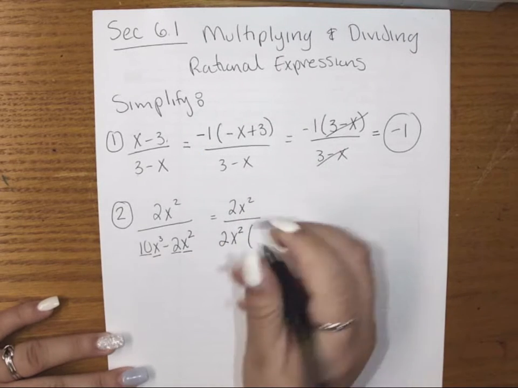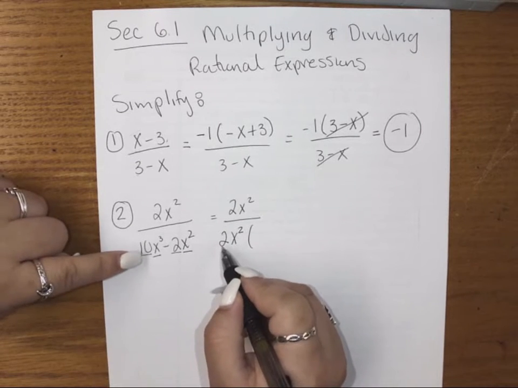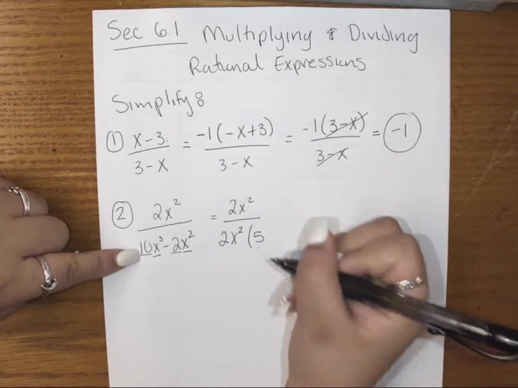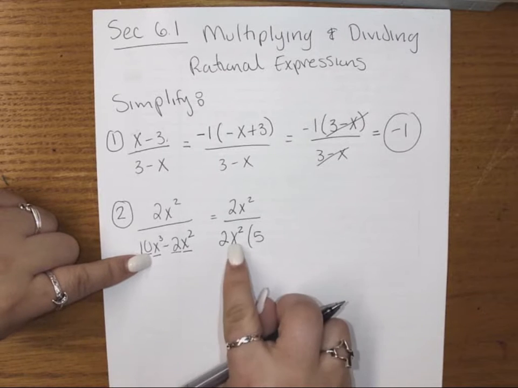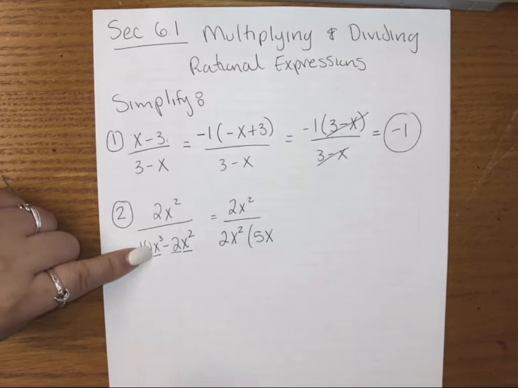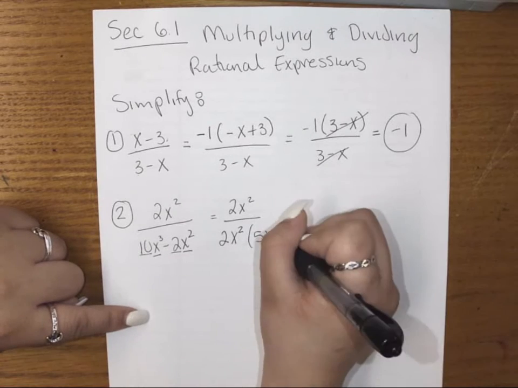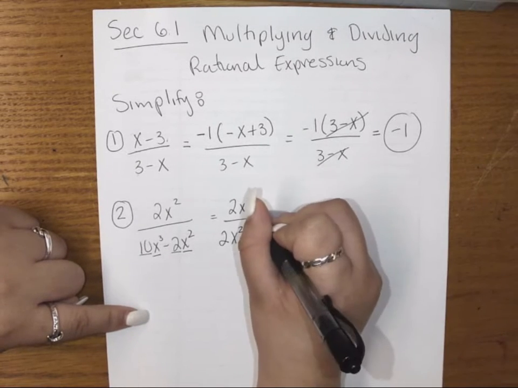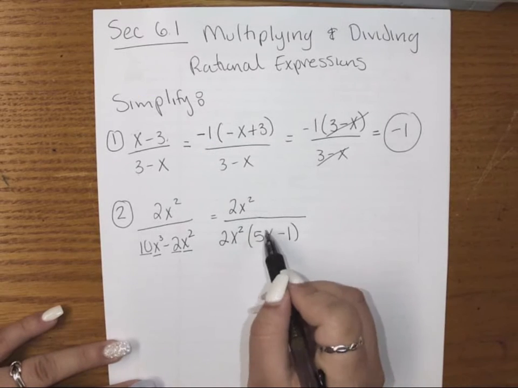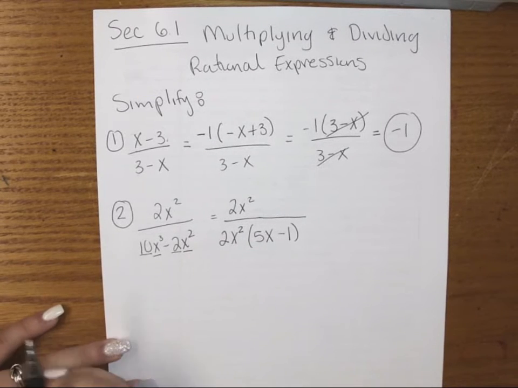So if we were to factor out 2x², you think about 2 goes into 10 5 times. We took x² out of x³, so we took 2 x's out, so we're only left with 1. If everything happens to factor out, remember you have to replace it with a 1, because if we multiply this back inside, we should get back to the previous step.